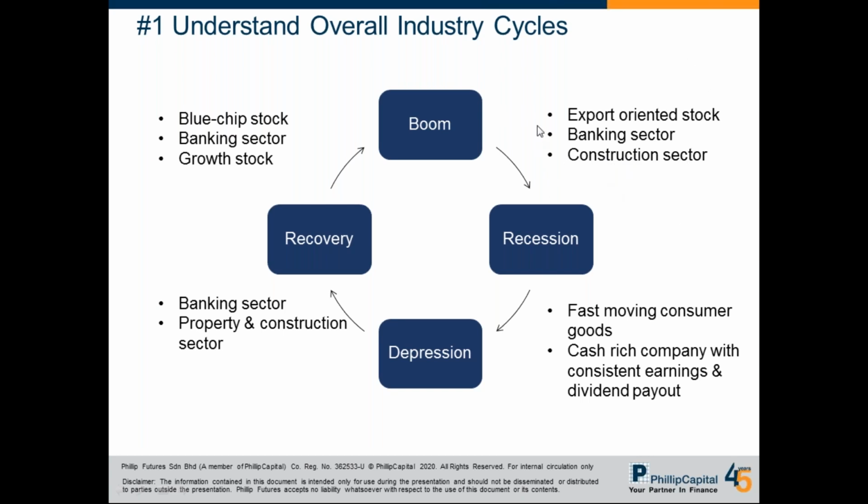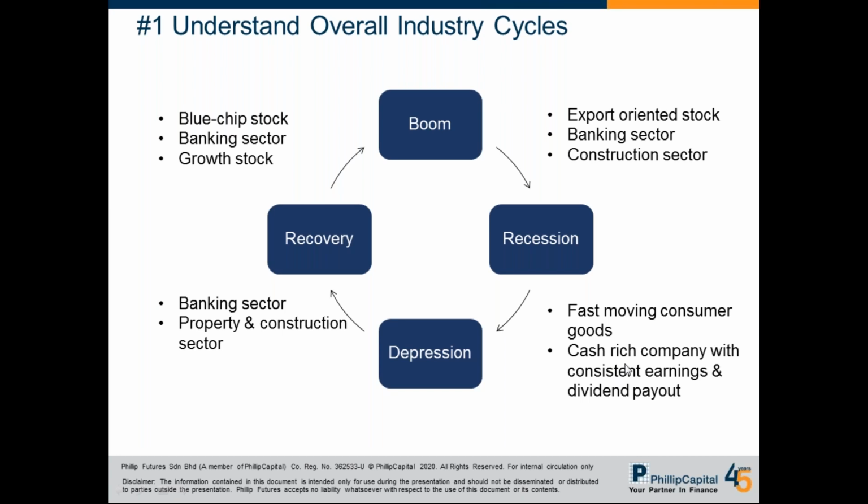Usually after the booming period, we enter into a recession to depression period. In this period, what kind of companies can we focus on? First is fast-moving consumer goods, which is something we put in our stomach. These are things we need regardless of the economic recession. The second group is cash-rich companies with consistent earnings and dividend payouts over 5 to 10 years.